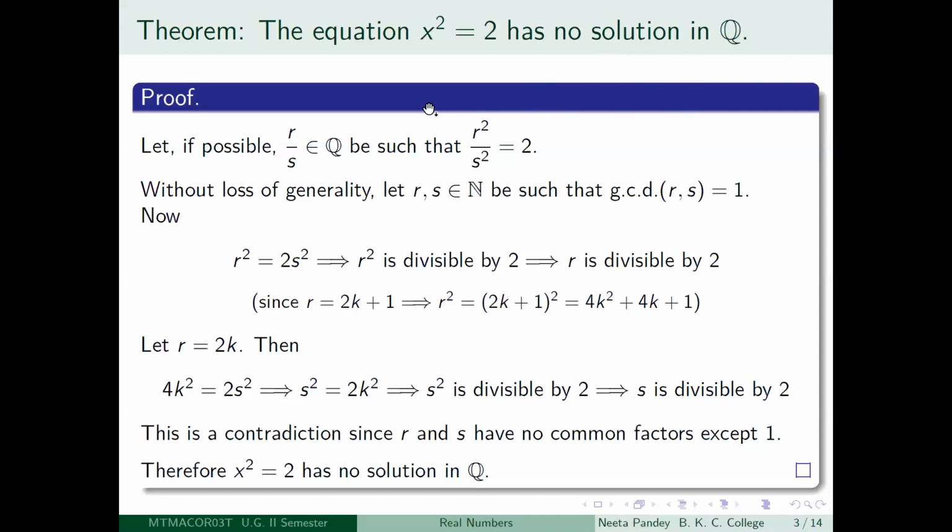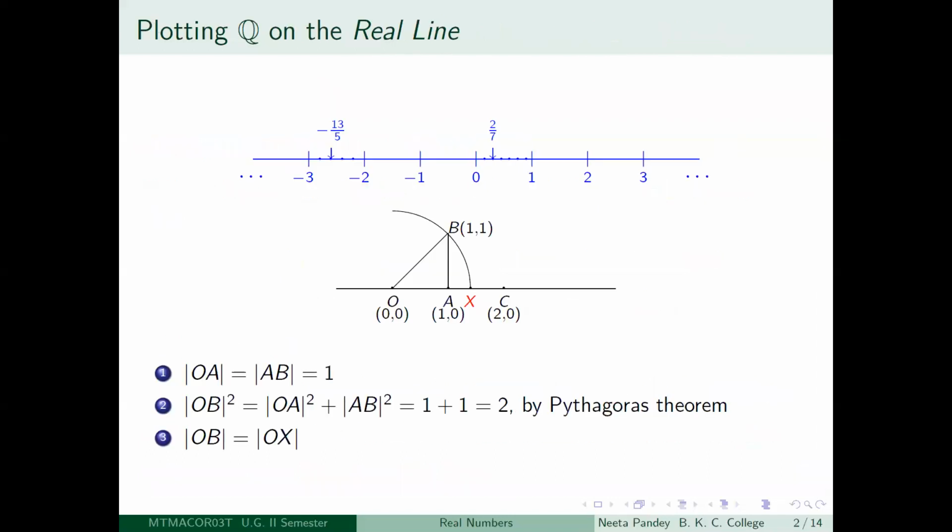Therefore, our assumption that r by s is such that r squared by s squared is equal to 2 is false, and hence the result that the equation x squared equal to 2 has no solution in the rational numbers is correct. So in the previous figure which we drew, this red capital X will not correspond to any rational number, this point.